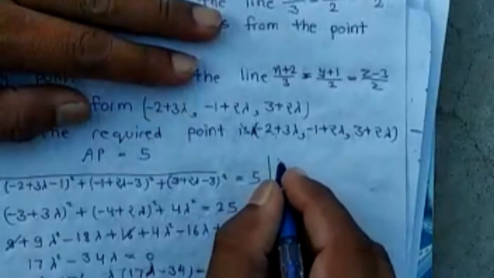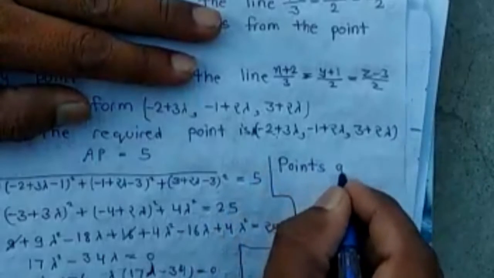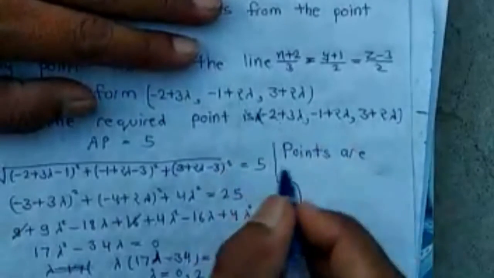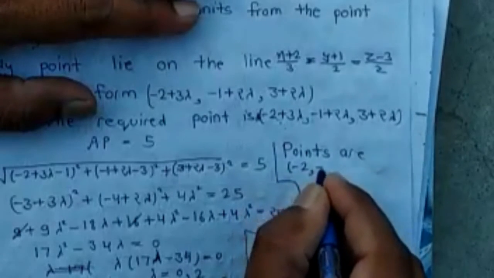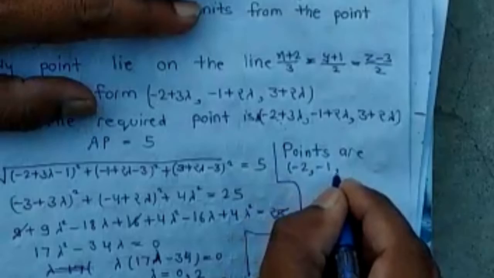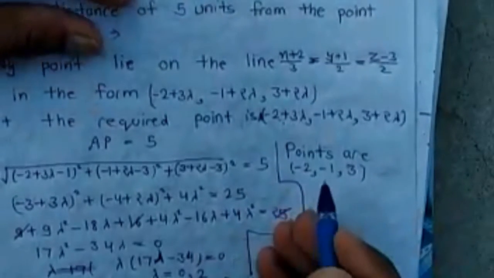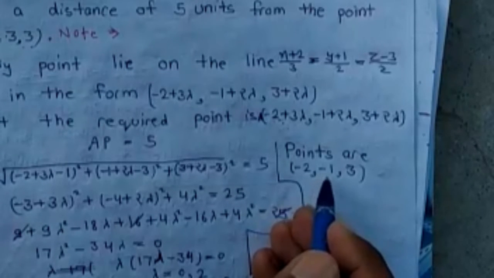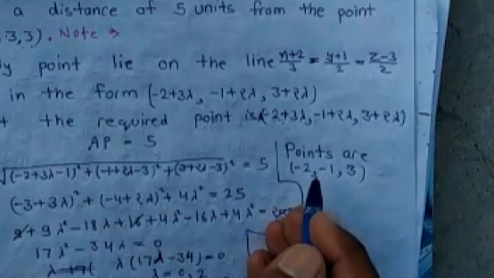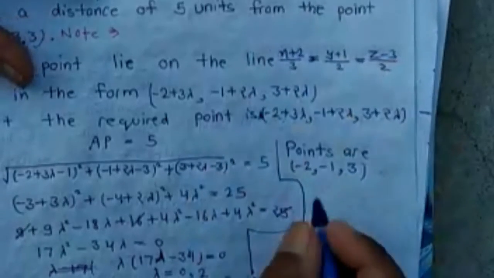Means the points are: firstly we put 0, but this point is the point through which this line passes.